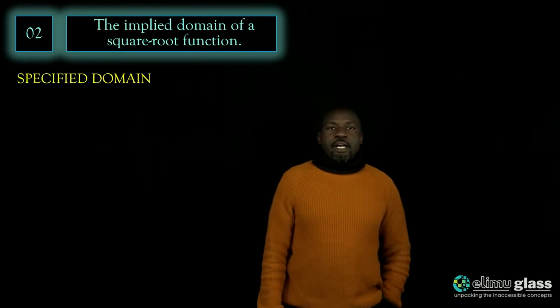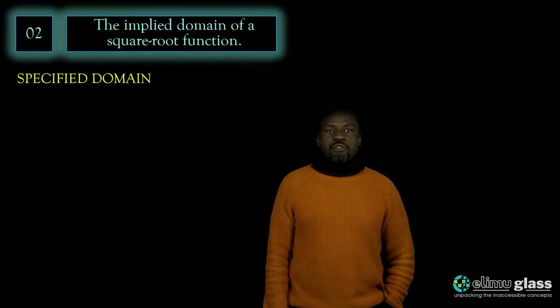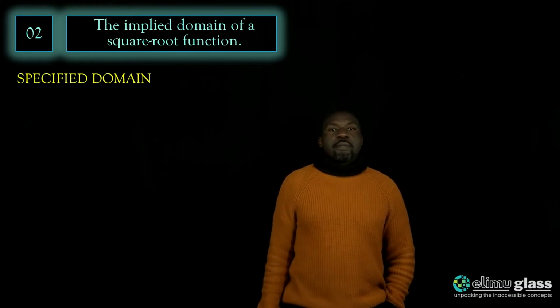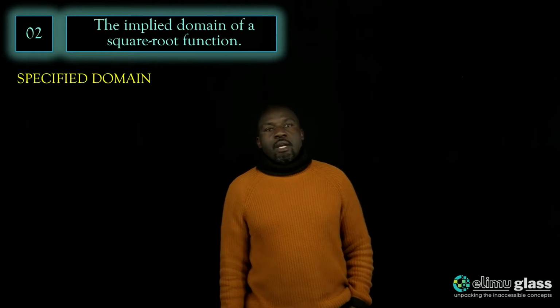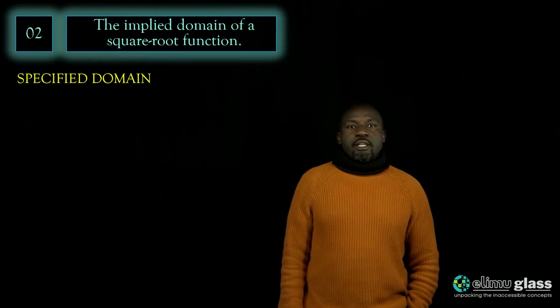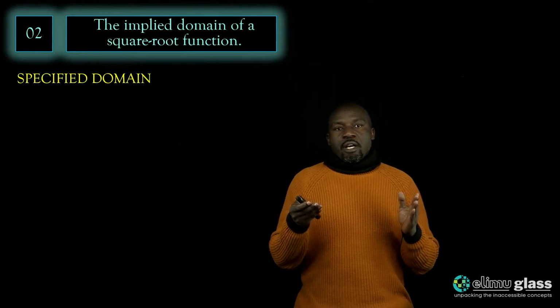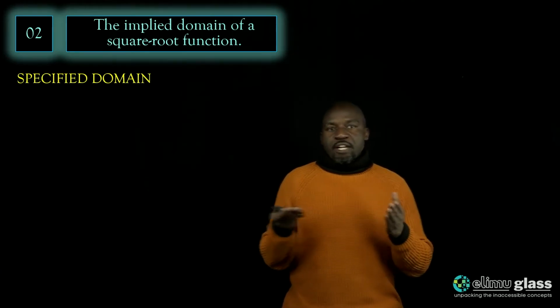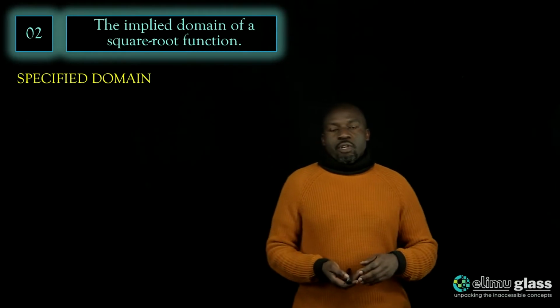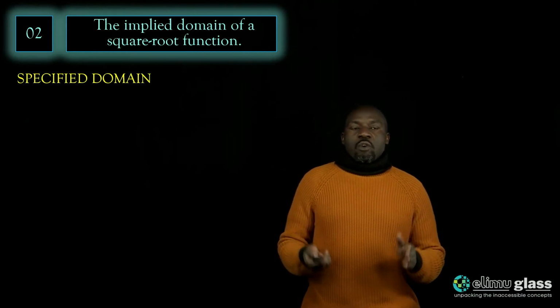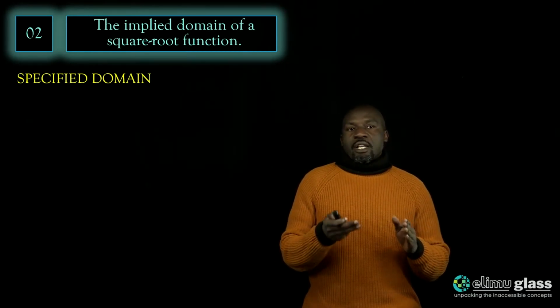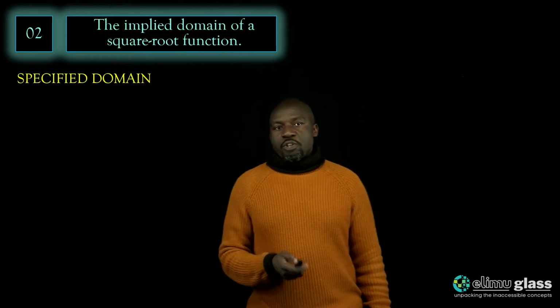Okay, so let's start by understanding what we mean by a specified domain. So normally, when a function is given, it is also standard practice that we give the area of the function that we are interested in. So if we are given a quadratic equation, we want to know the area under which we want to consider the quadratic equation.